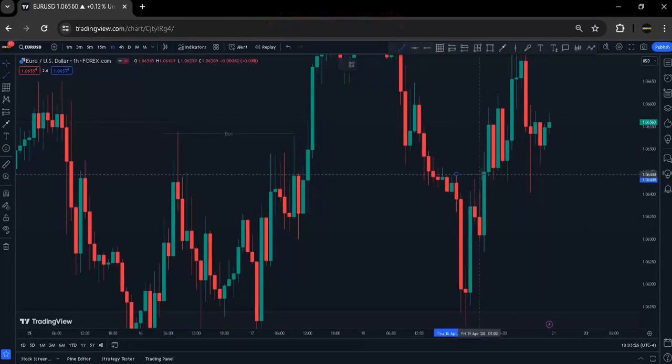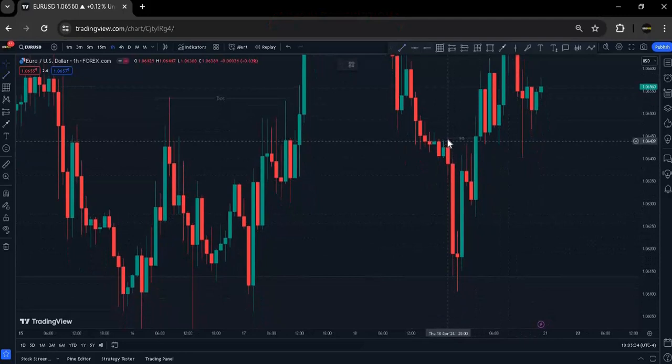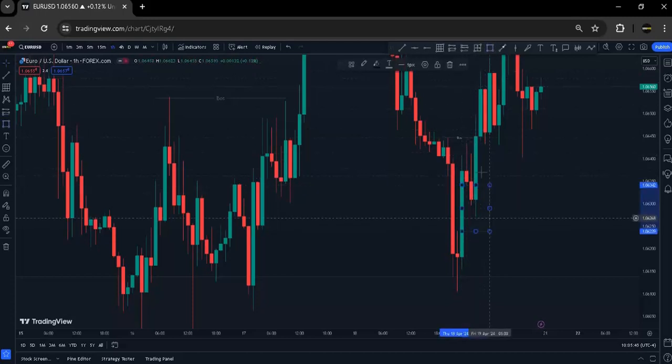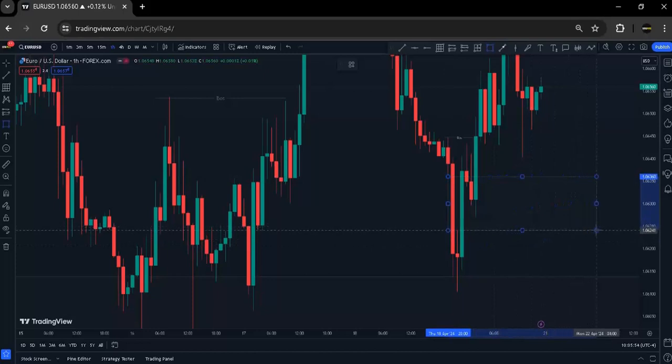As you can see, that's the break of structure right there. But before it broke structure, the fair value gap it left behind was already filled, so I don't think that's relevant anymore. So instead we use that inverse fair value gap as our entry point, because we're on the 1 hour.